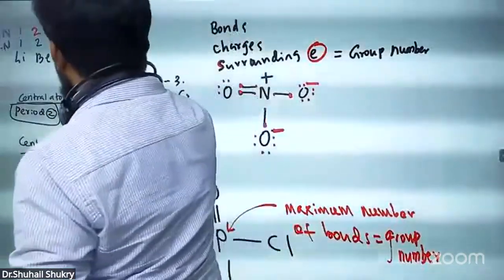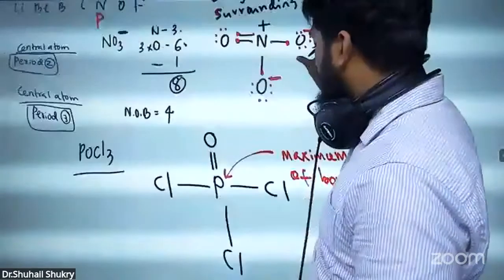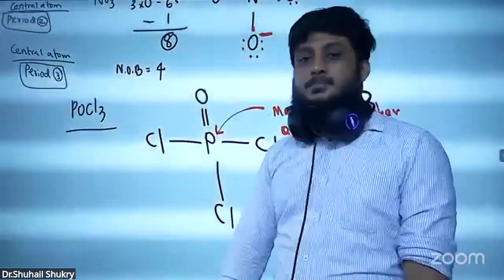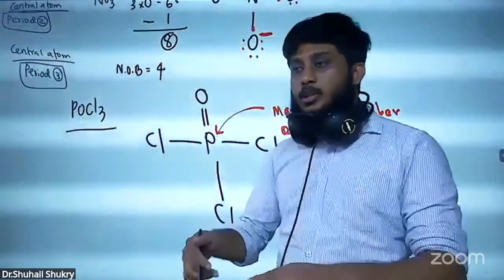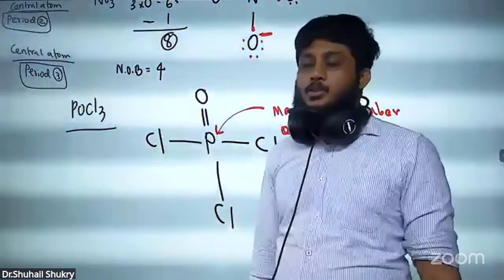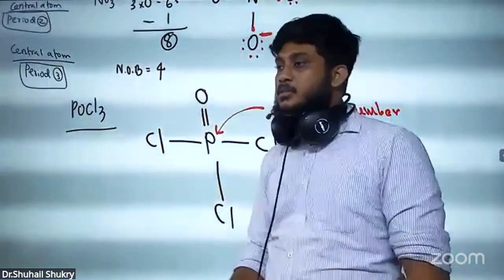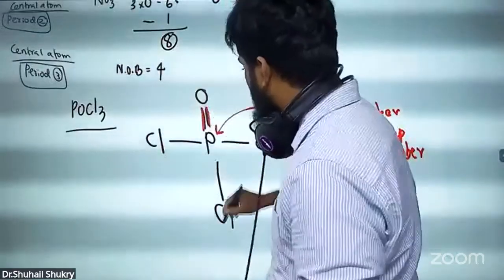So phosphorus's group number is 5, and the maximum number of bonds phosphorus can make is 5. Here phosphorus has made 5 bonds, so it is not following the octet rule. The octet rule means there are only 8 electrons around the atom. Phosphorus is not following that. Got the point? That's why we draw phosphorus like this.